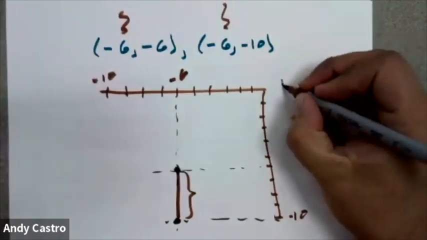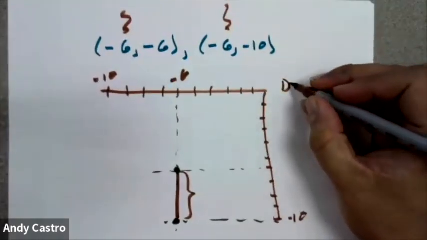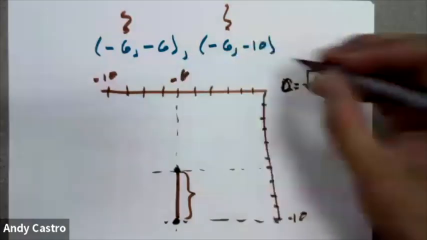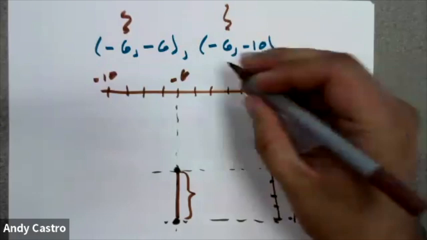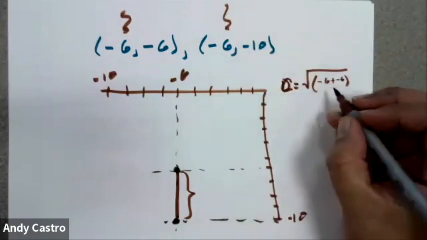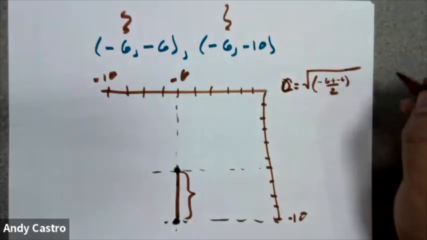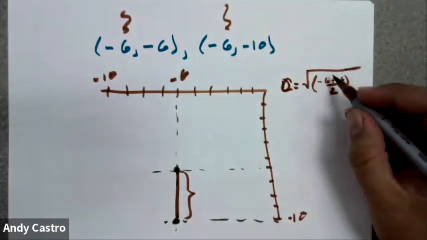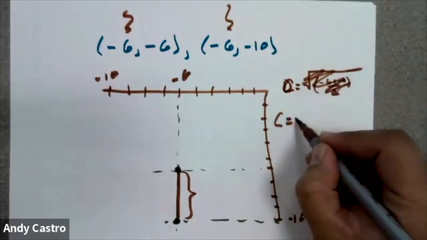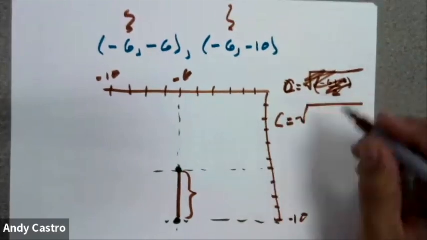So if you look at the distance formula, square root of x2 minus x1.